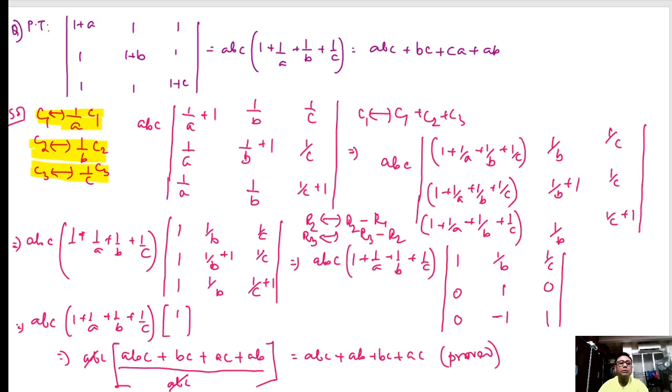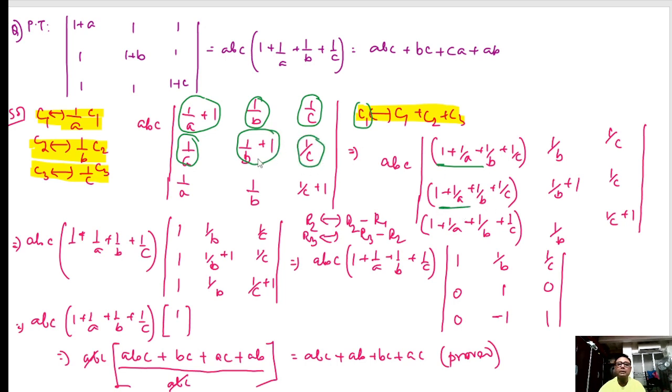Now, using the operation C1 plus C2 plus C3 and keeping it in the C1 column. So what we are doing? We are doing C1 plus C2 plus C3 and keeping it in C1. Similarly, this plus this plus this and keeping it in C1.